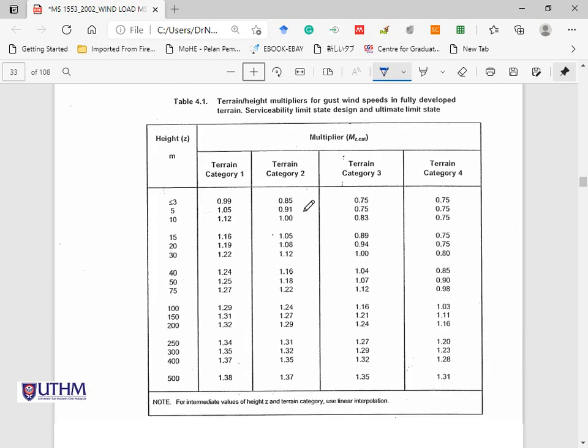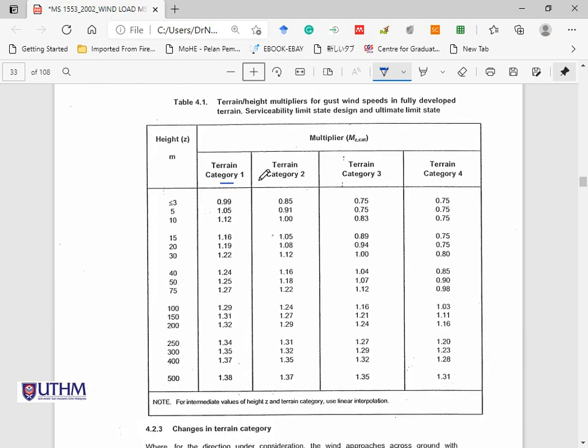And this selection is based on the category and the height of the building. So this is Z, where we have the term Z equal to H. This is for the windward, and this is for the leeward.